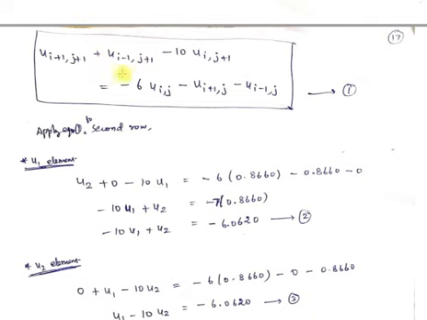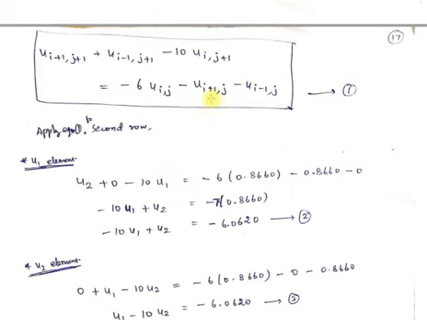It is the previous value for u1, it is the next value for u1. So the next value for u1 is u2. The previous value is 0. The current value u1 is equal to minus 6 into u i comma j.